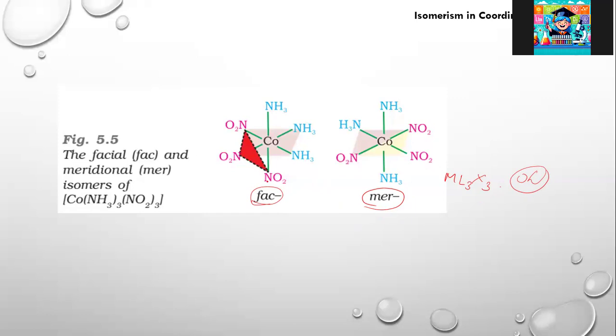When the same groups are arranged in a cis fashion, that is known as the facial isomer. And when one of the same groups is in a trans position, here this NH3 is in a trans position with the other NH3 group, this is known as the mer isomer, or meridional isomer.